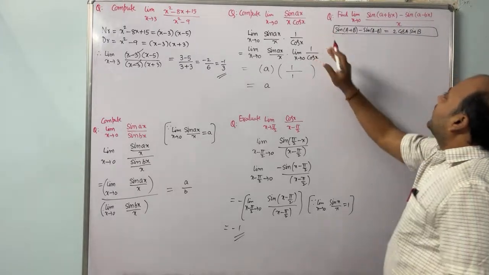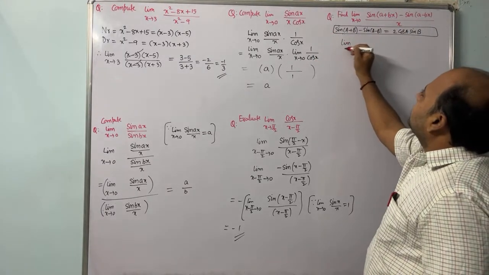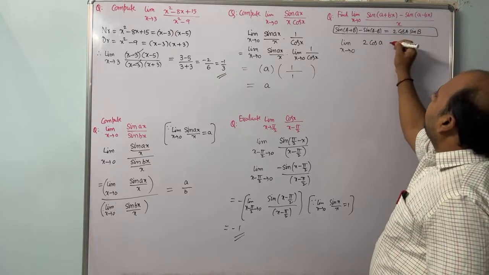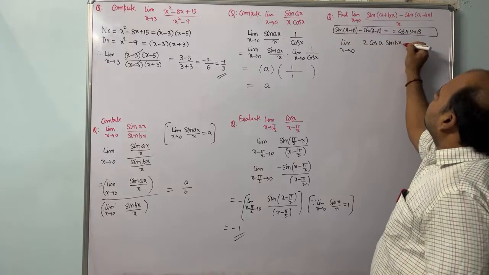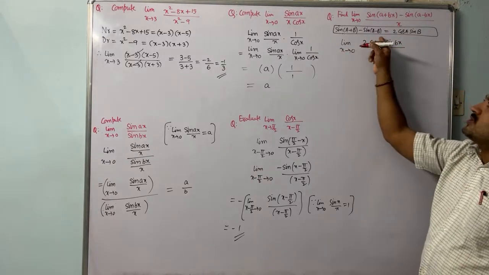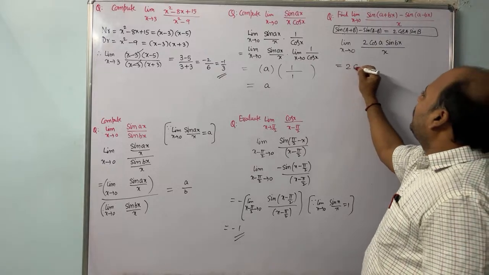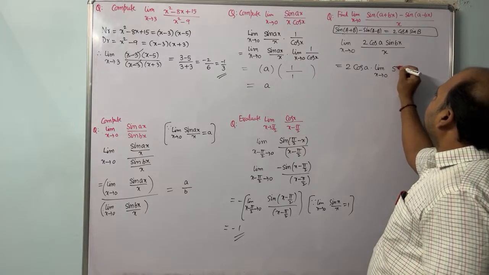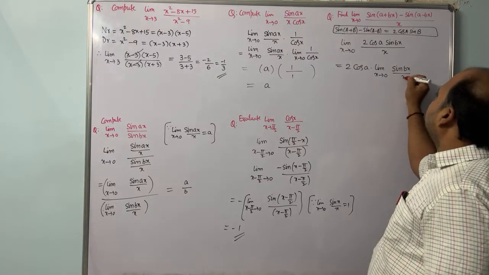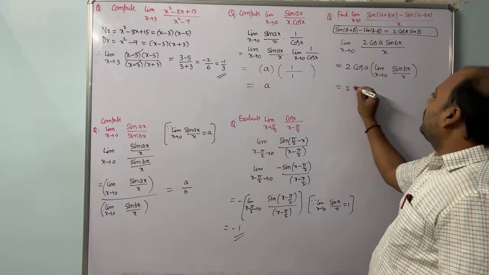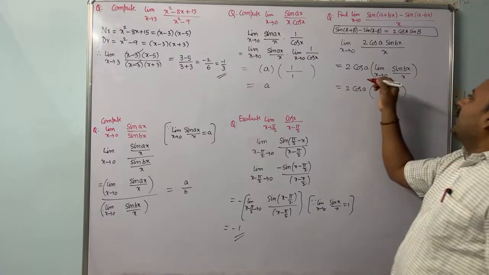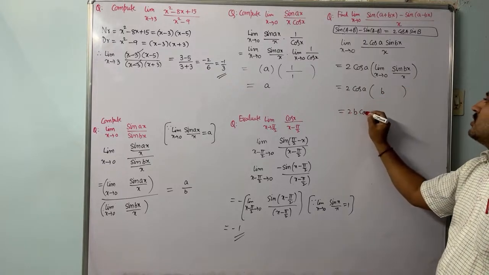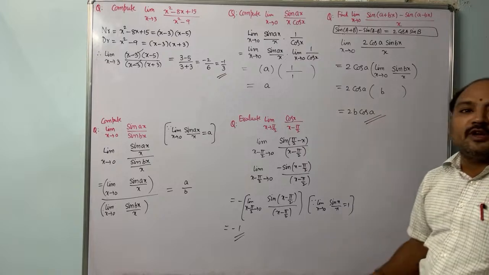So based on that, limit x tends to 0, 2 cos a, here a is a only, sin b means sin bx, divided by x. 2 cos a is constant, bring outside. 2 cos a into limit x tends to 0 sin bx divided by x, which is equal to 2 cos a. Limit x tends to 0 sin bx by x is b. So that is equal to 2b cos a. So this is the way we can do, dear students.